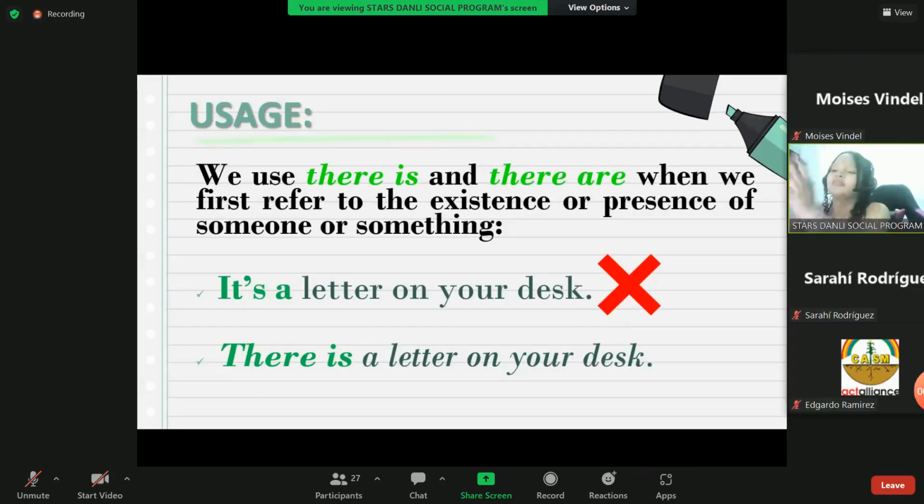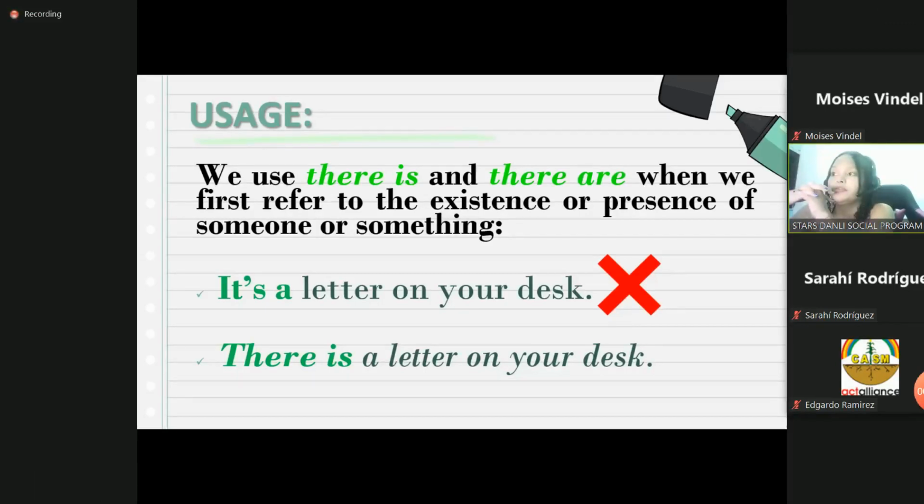A eso nos referimos con eso. Y como les decía, el verbo to be solamente da la descripción. Que hay una persona en la puerta o que hay un libro en la cama. Entonces, a eso nos referimos con there is and there are, que los dos equivalen para nosotros a un solo significado que es hay, de haber.